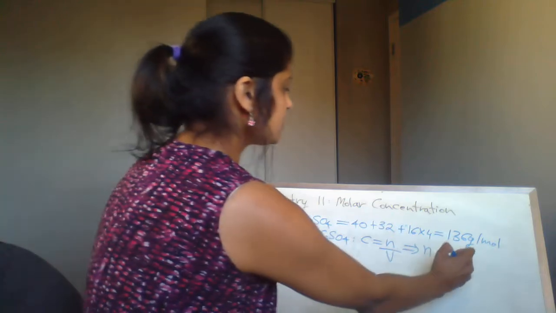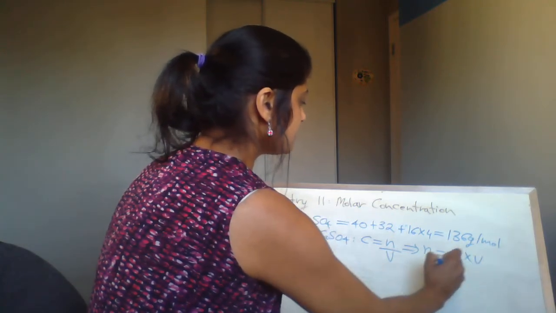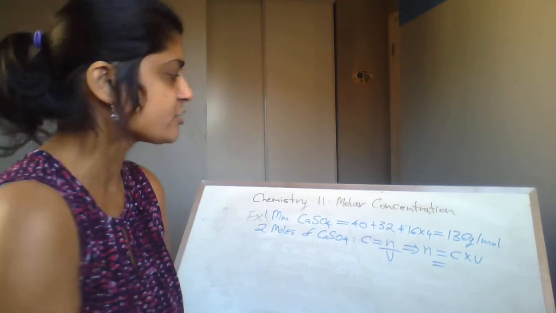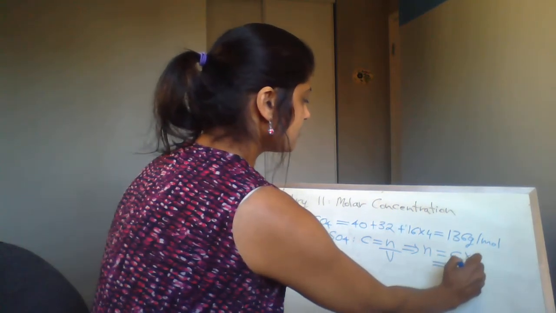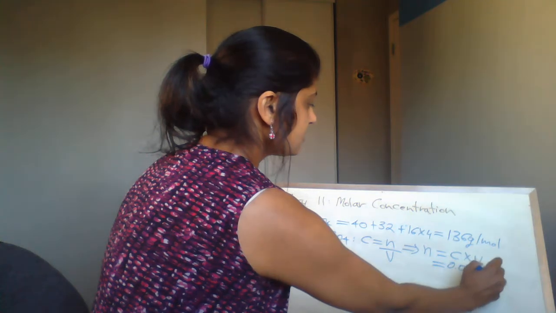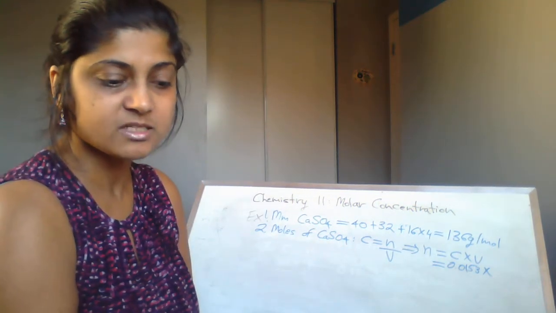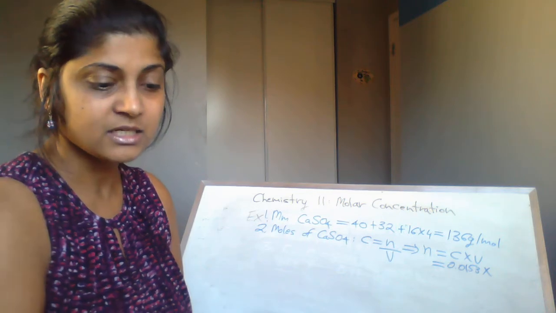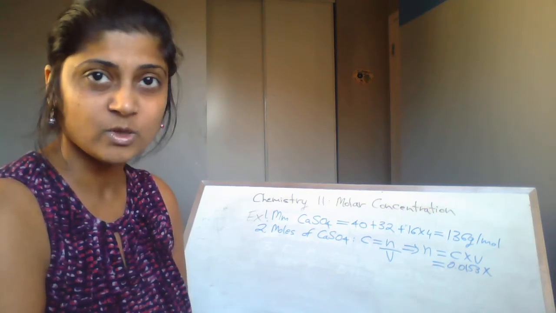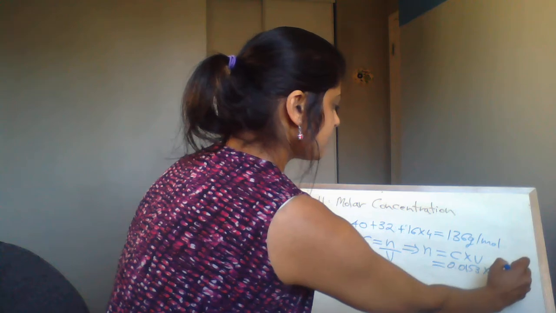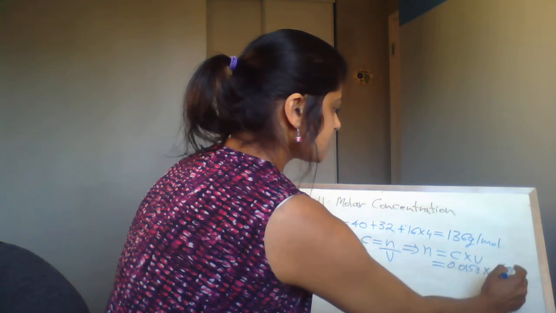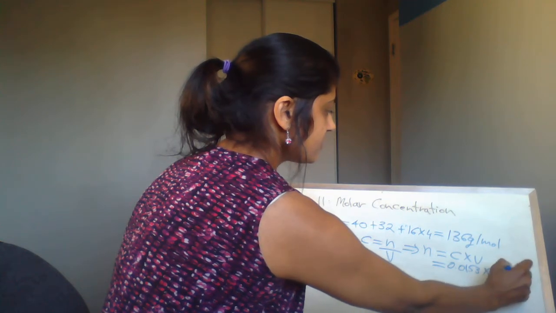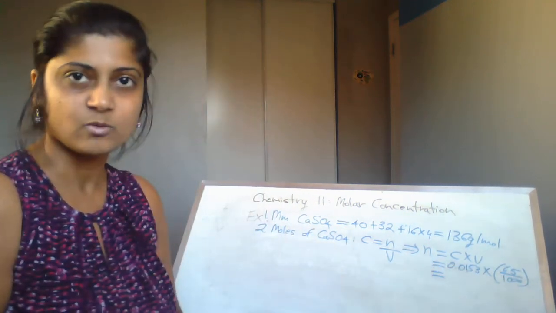So n is going to equal C times V. Here I have the concentration, 0.0153, times, the student is taking 65 milliliters of this solution to evaporate. Again, 65 divided by 1,000. I'm going to make sure I write it in brackets here. When you're converting milliliters to liters, I'm just dividing it by 1,000.